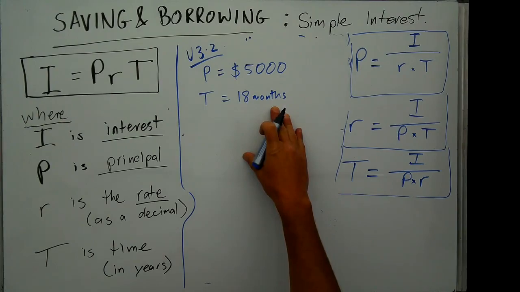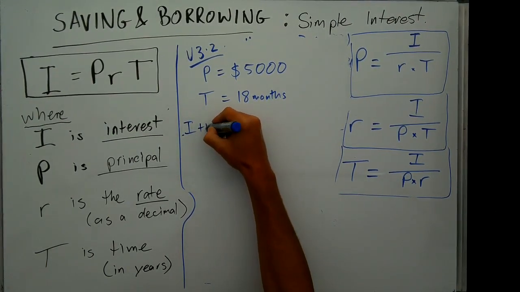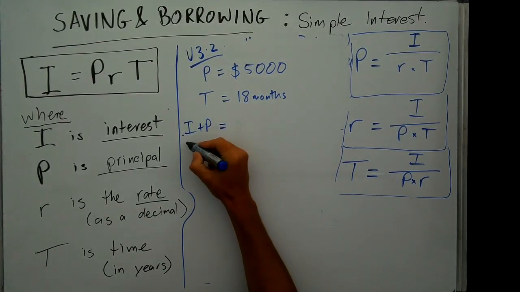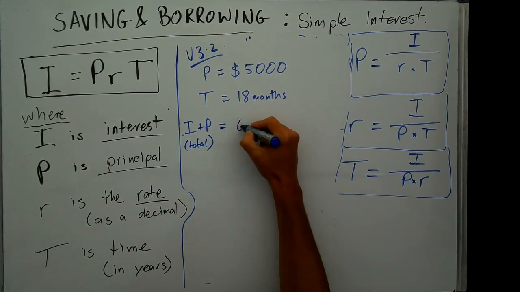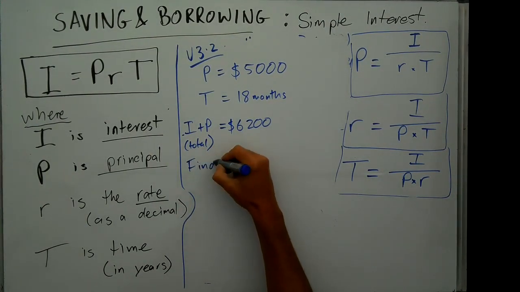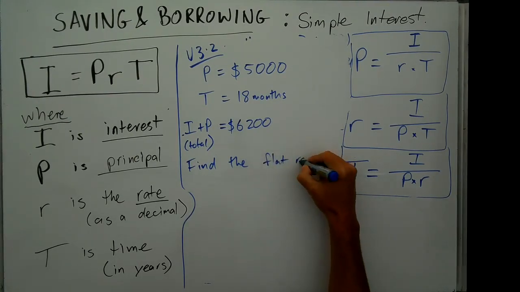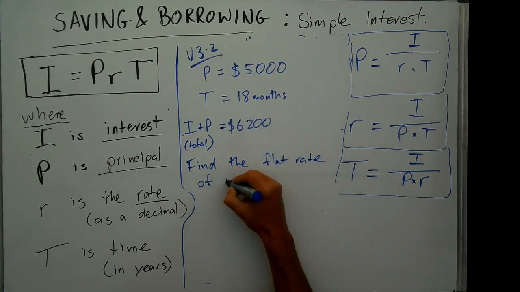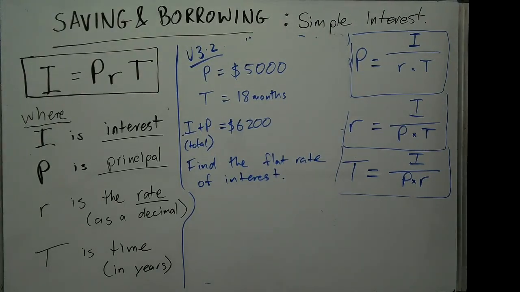Including interest, he repays a total, I plus P, the total is $6,200. Find the flat rate of interest over the course of the loan.